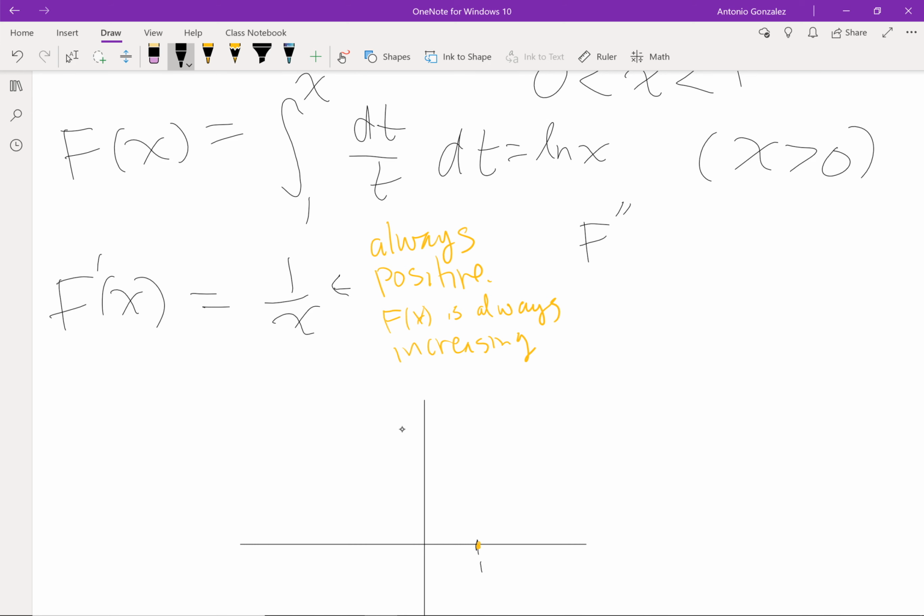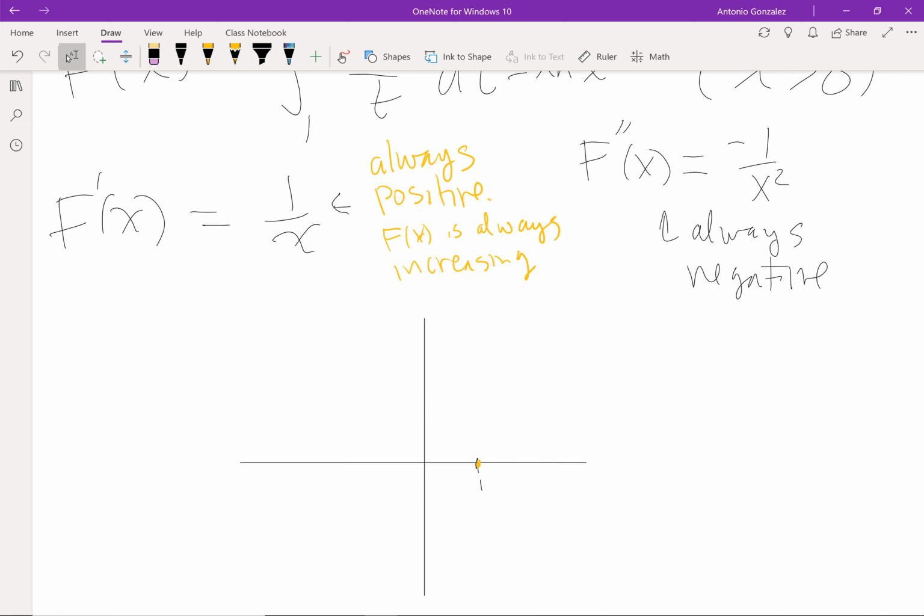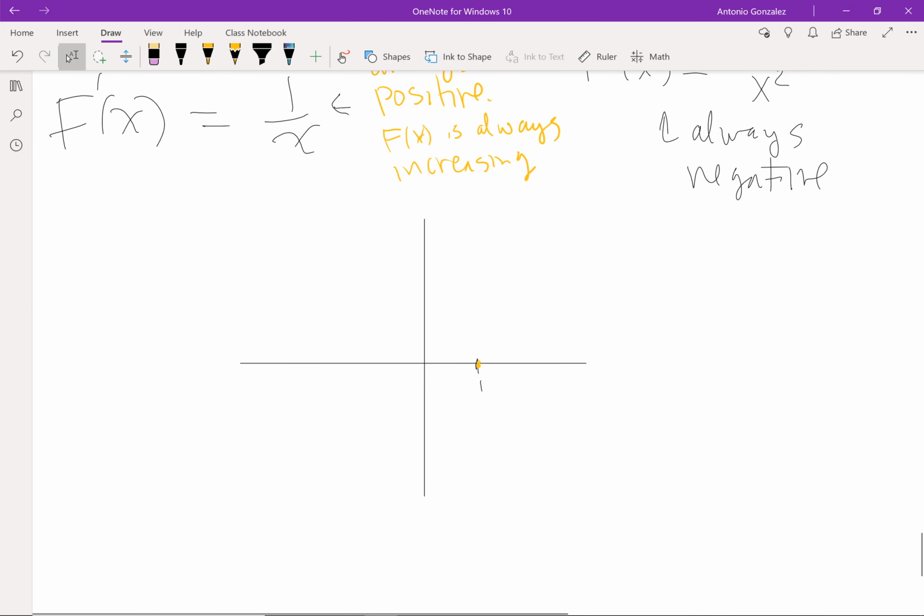If I look at the second derivative, the derivative of 1 over x, we get negative 1 over x squared. The second derivative is always negative, so that means that it is concave down. Putting this together, it is always increasing, coming from negative infinity, and concave down, so it looks something like this.